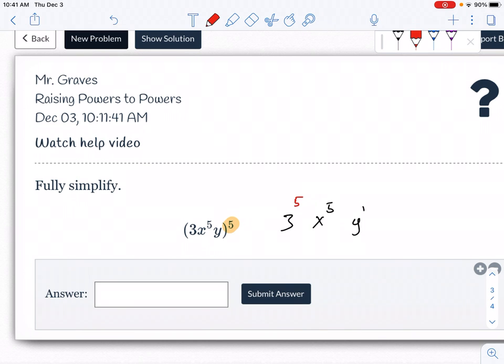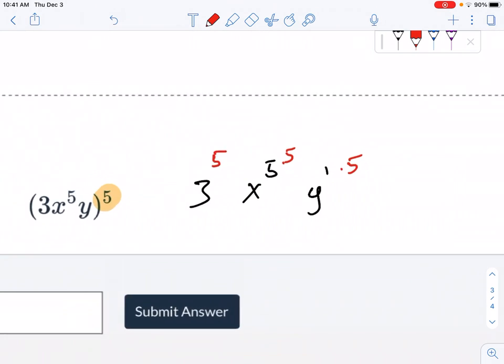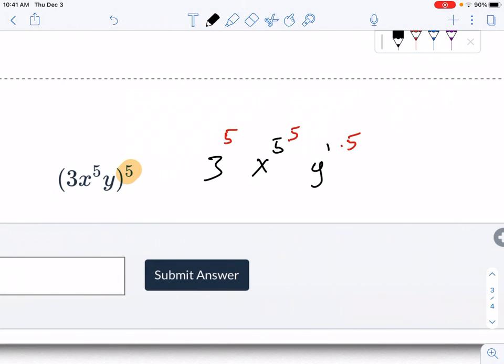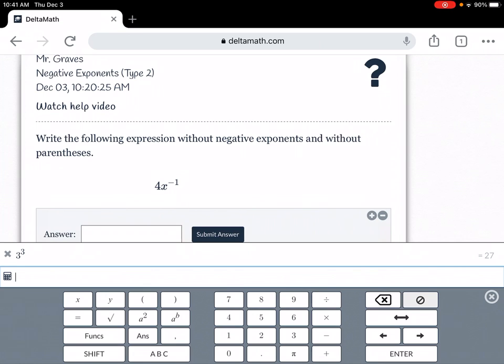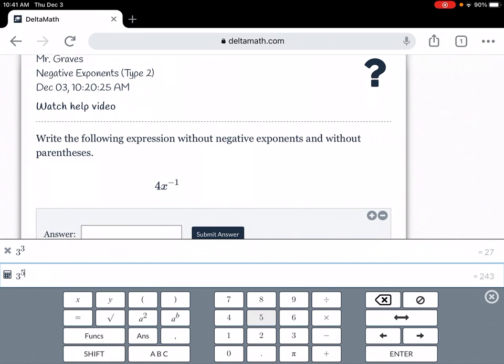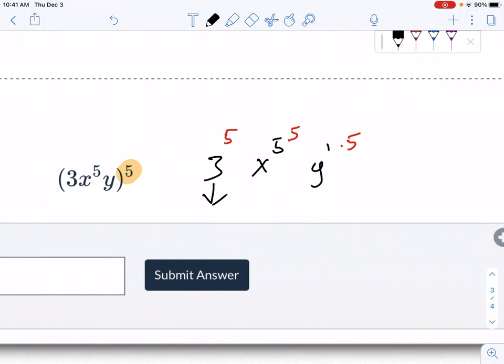So I'm going to give that a 5, that a 5, and that a 5. 3 to the 5th. Come over to the calculator. I'm going to hit clear. I'm going to say 3 raised to the 5th power, and that's 243. So the calculator will do it for you.